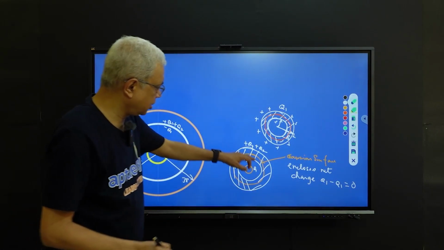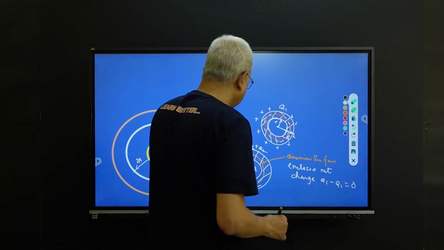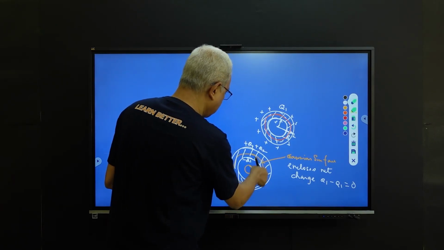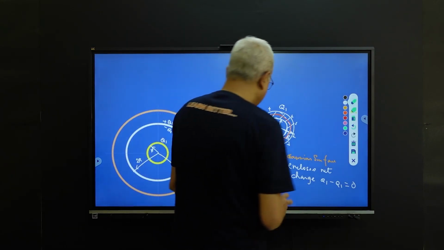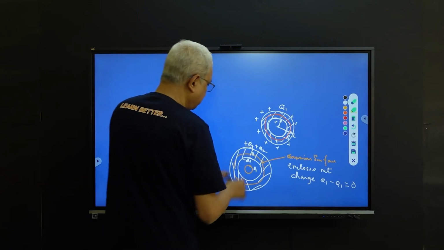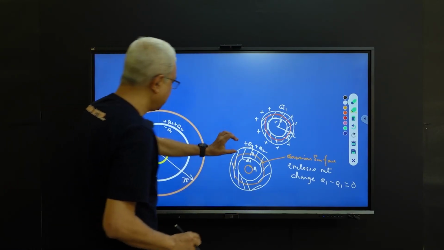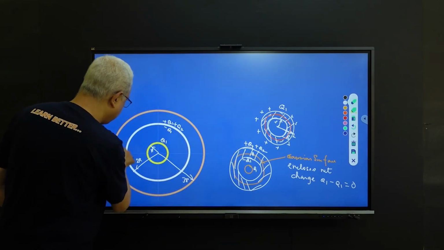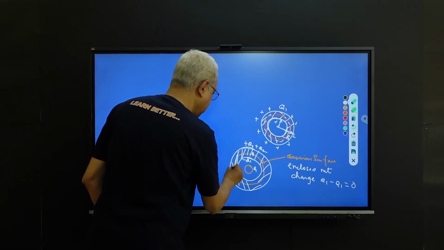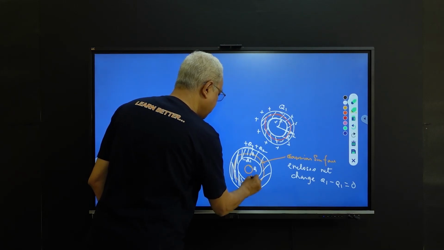Since the net charge enclosed by the Gaussian surface is 0, the flux through this surface is 0 and therefore there is no field. Such a distribution ensures there is no electric field inside the metal of this spherical shell, in this region.